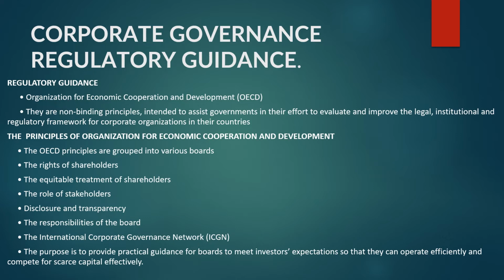With reference to the meaning of corporate governance, the rights of a shareholder have to be protected or defended in an organization. The second is the equitable treatment of shareholders, which means each and every one of them has to be treated equally and fairly.